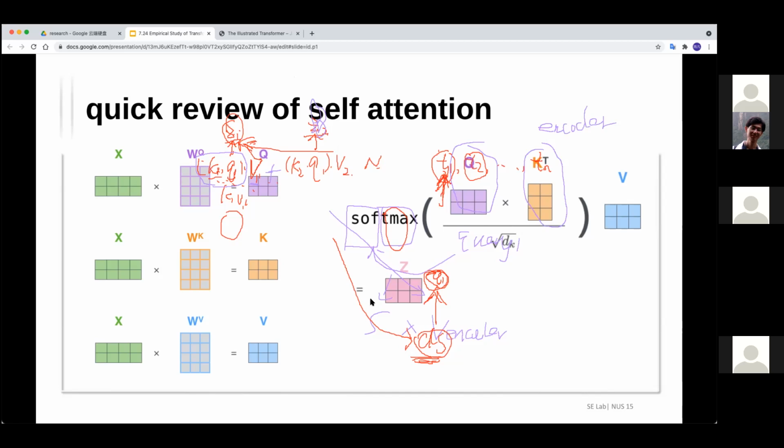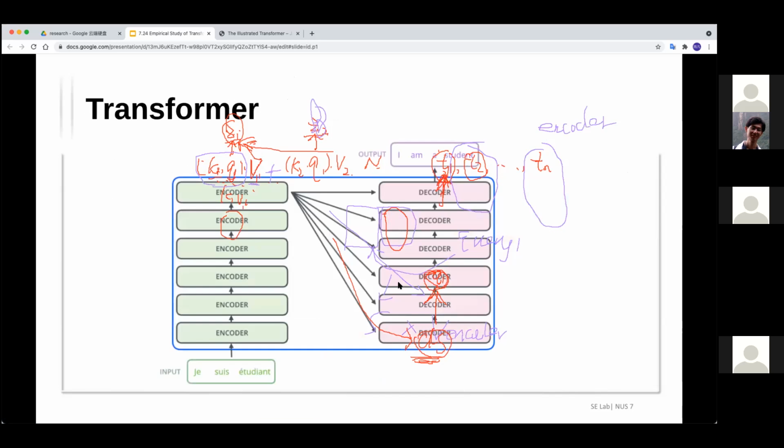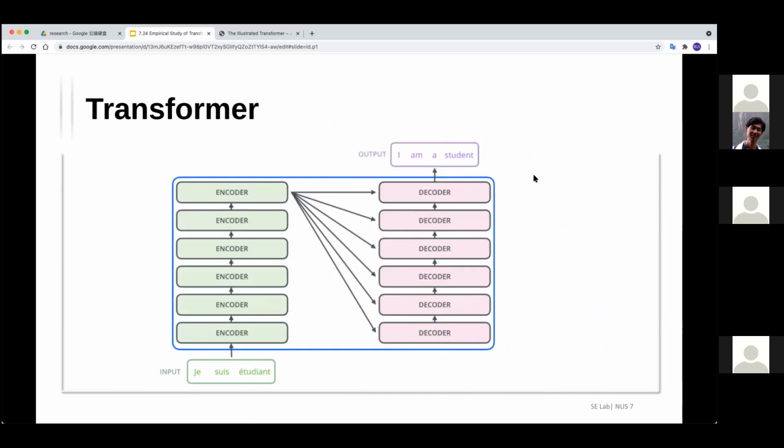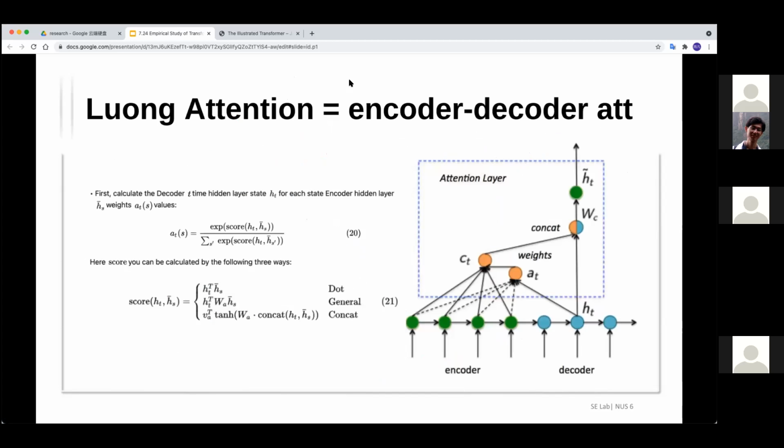This idea comes from the encoder-decoder attention, where one is from the encoder hidden state HS and one is from the decoder hidden state HT to compute attention. The transformer adds a new mechanism, the self-attention. The decoder attention is actually the same.